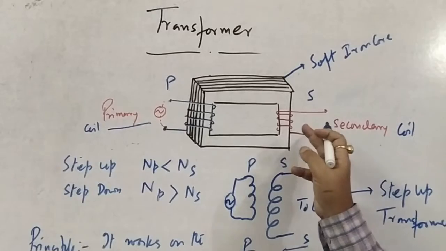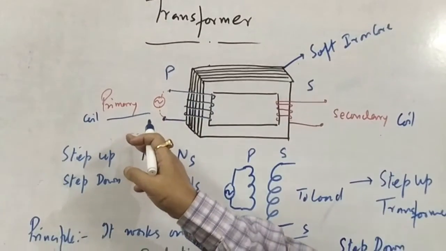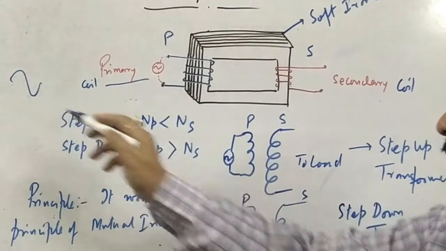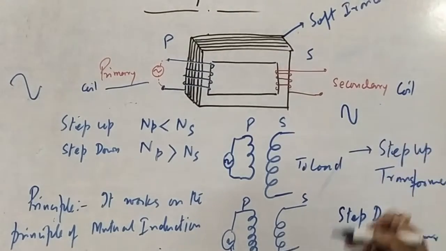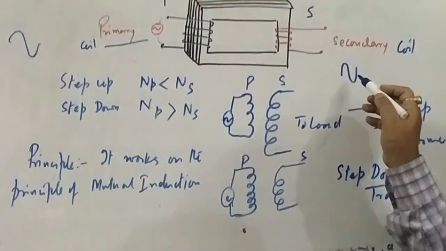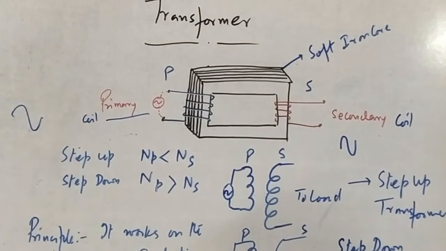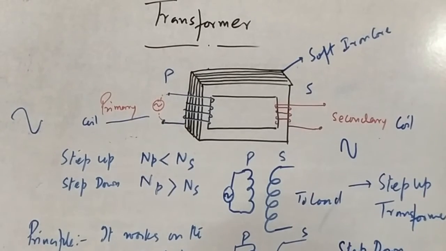Therefore, it will also have positive and negative cycle. Like this. Here, primary I have positive cycle and negative cycle like this. And here also we can have both the cycles. Primary, the secondary also has this positive half cycle and negative half cycle. Remember, the amplitude of the voltages would be changed.